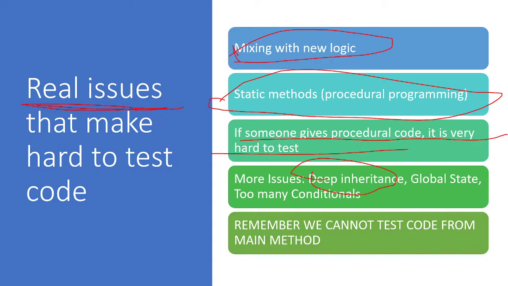Again, these classes are highly dependent on each other. Global state, all these classes being thrown around in all these different boundaries of the class, and too many conditionals. When we're talking about conditionals, we're talking about if branches, all just ifs, if else, things like that.